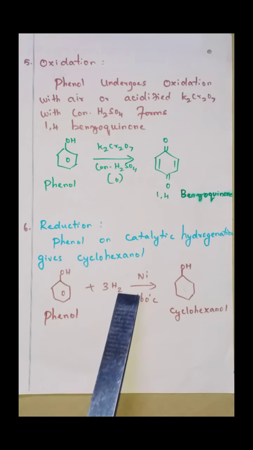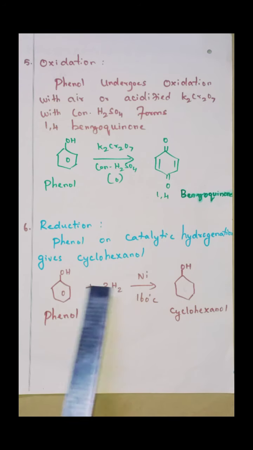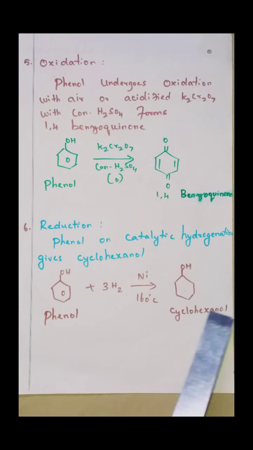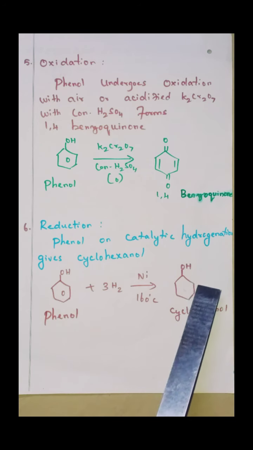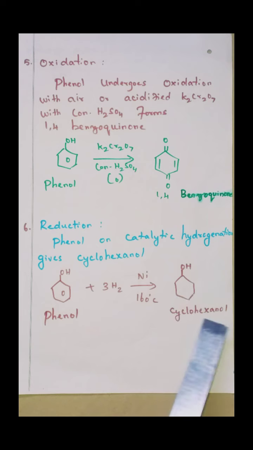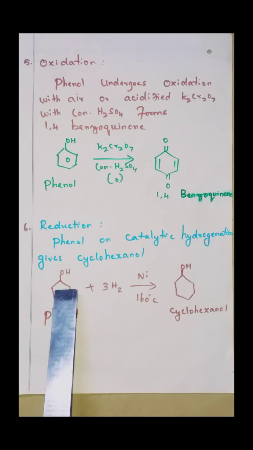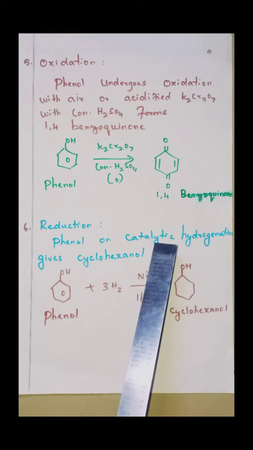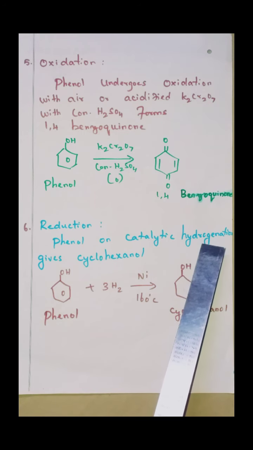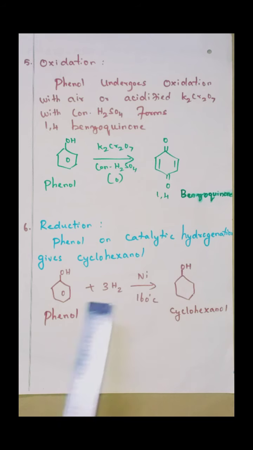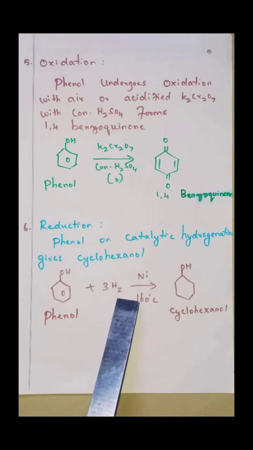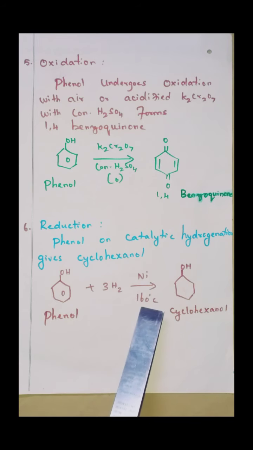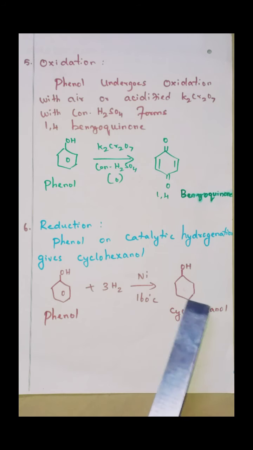But when 6 hydrogen atoms are added to this phenol molecule, it forms cyclohexanol, because all positions have 2 hydrogen atoms. Addition of hydrogen takes place in the presence of nickel as a catalyst. So this reaction is phenol on catalytic hydrogenation. Addition of hydrogen takes place, giving cyclohexanol. So phenol reacting with 3 molecules of hydrogen, in the presence of nickel at 160 degrees Celsius, forms cyclohexanol.